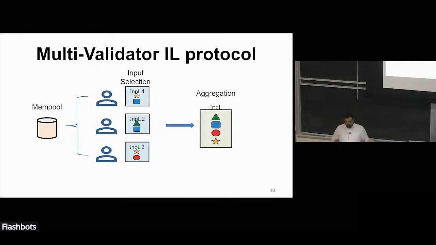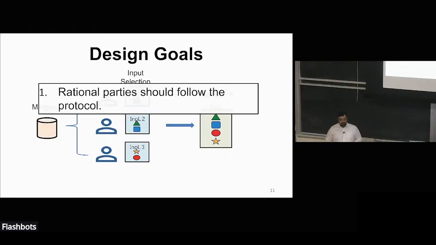So how does this aggregation and input selection work? Before I talk more about AUCIL and how it answers these questions, we'll first formalize what the design goals for our protocols are.